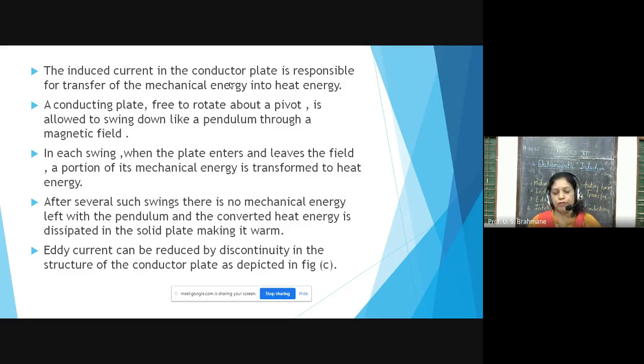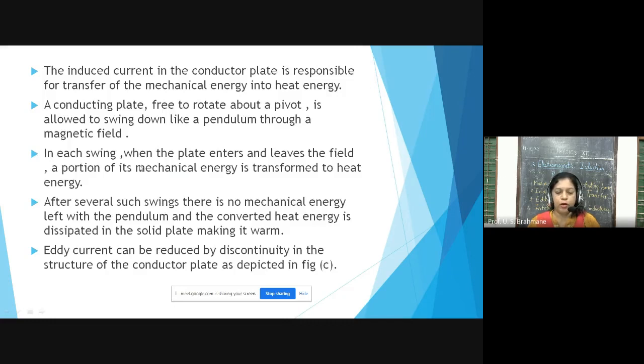We have seen that equation also earlier, how mechanical energy and heat energy are equal, isn't it? Then a conducting plate free to rotate about a pivot is allowed to swing down like a pendulum through a magnetic field, a constant magnetic field.